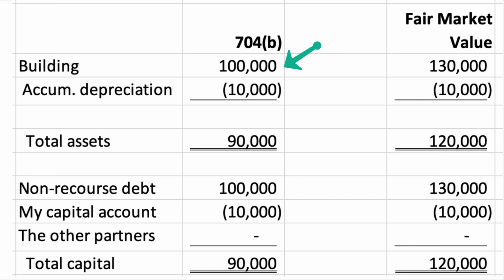The 704B balance sheet does not change until one of the events listed in the Treasury regulations allow the partnership to revalue the balance sheet assets to current market value. Those specified events usually involve a change of ownership in the partnership, and other than those events, the 704B balance sheet assets stay at their original value except for economic depreciation expense.